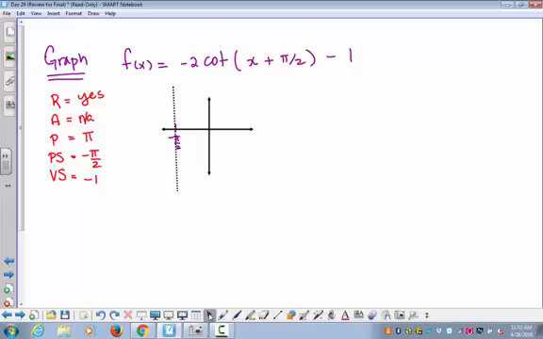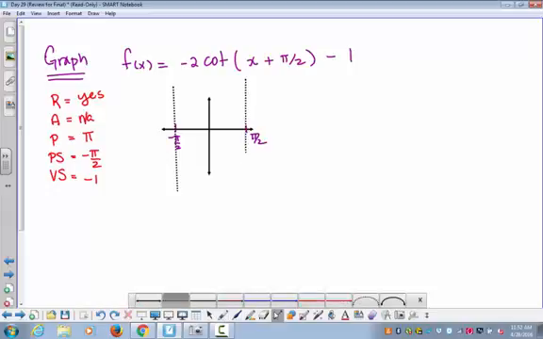Just like sine and cosine, we take the period, add it to the phase shift, and that gives us our next point. And that's pi units over here, so that would be at pi over 2, right? And that will be our other asymptote, our next consecutive asymptote. Our vertical shift is minus 1. That is going to be the only key point that we really need.